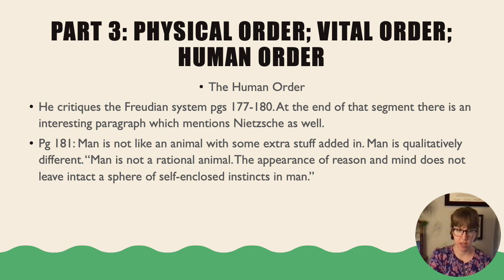He says man is not like an animal just with some extra stuff added on top of it. Man is qualitatively different. The quote here: "Man is not a rational animal. The appearance of reason in mind does not leave intact a sphere of self-enclosed instincts in man." I'm not going to go too much into that, but he thinks there is a human order that is a different level of integration than the vital order.